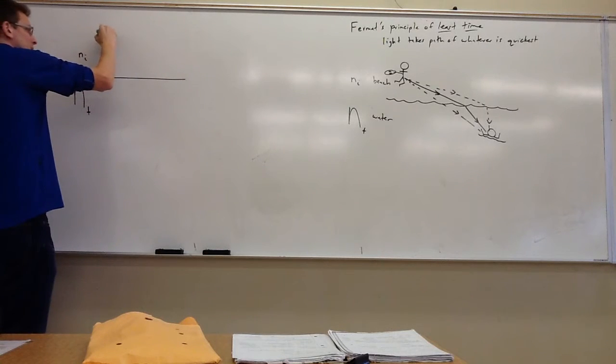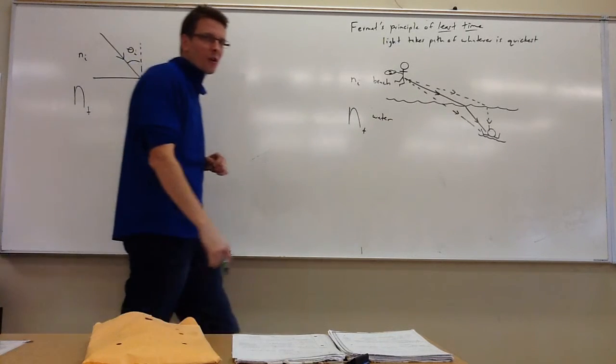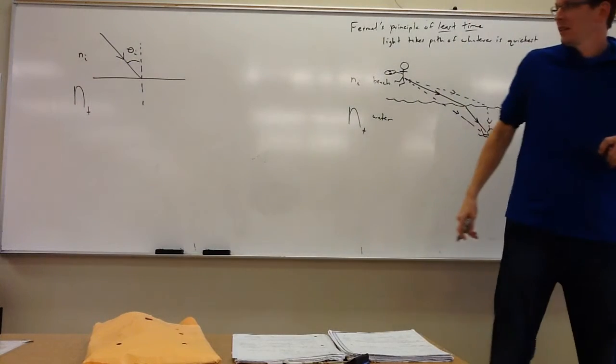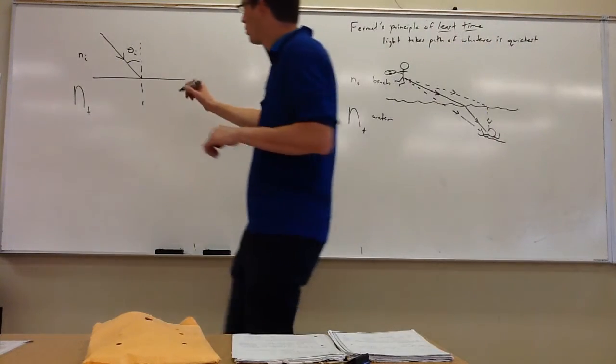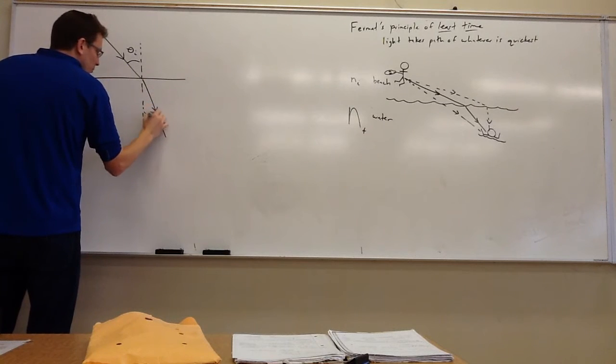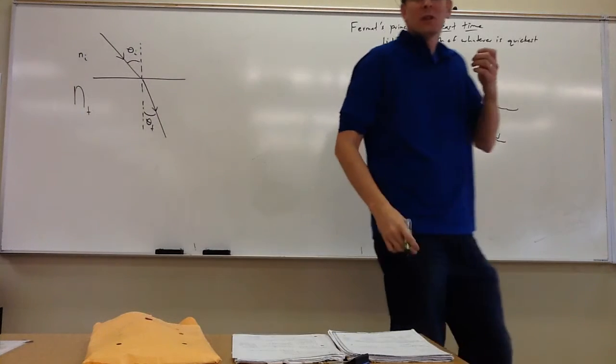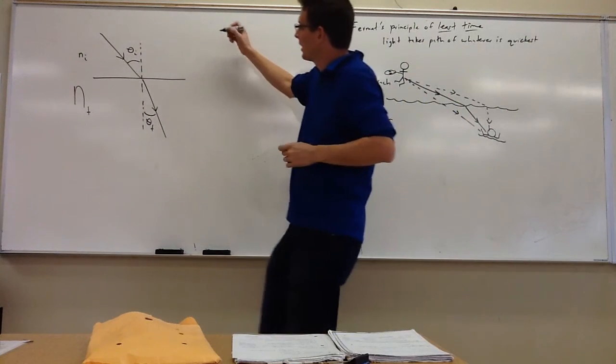So if you have a light beam that comes in with some incident angle theta I with respect to the normal, it will bend in exactly the same way, which is to say toward the normal. It'll bend like that. The principle of least time. So you could write it like this.